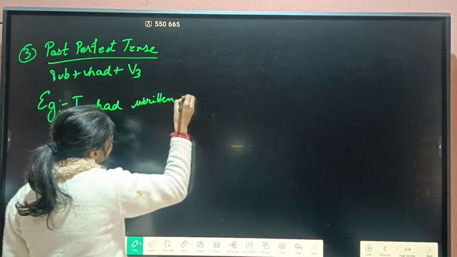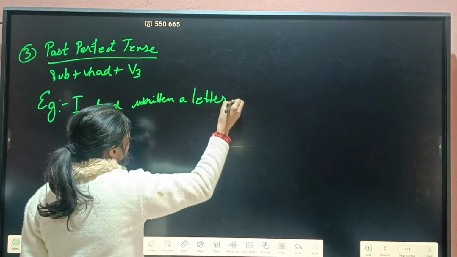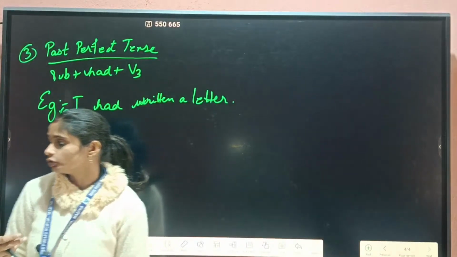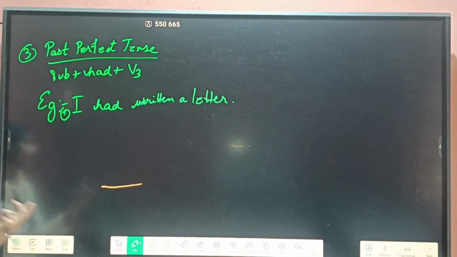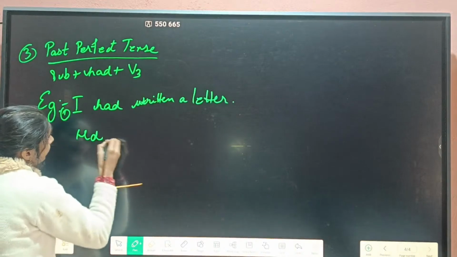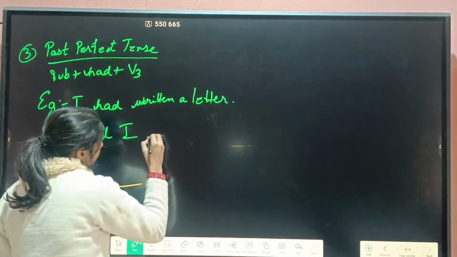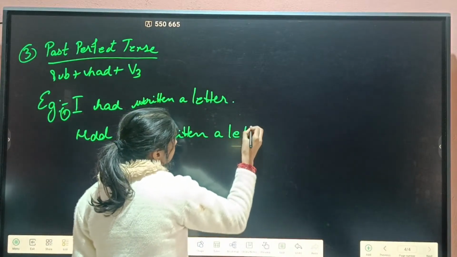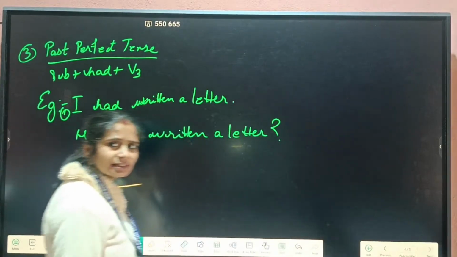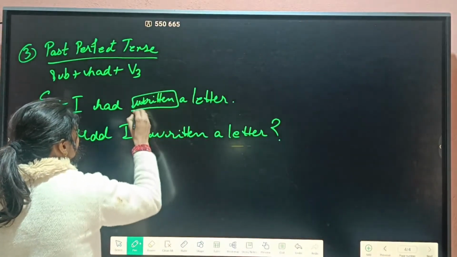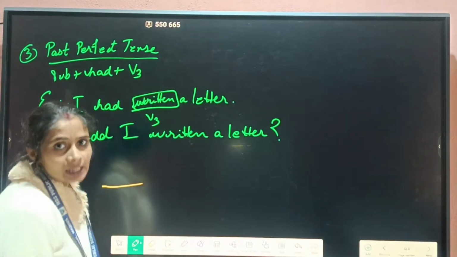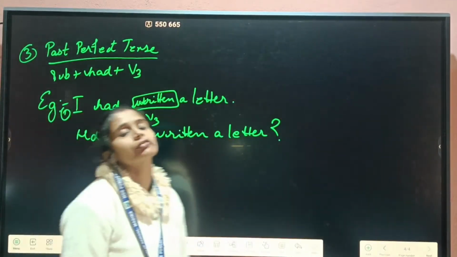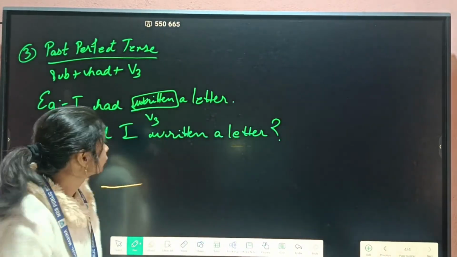Another example, if we have to ask a question, we can write: hadn't I written a letter? Or, had I written a letter? This is an interrogative sentence. Here written is our verb third form, that is past participle. So with had, we have to make sure that we only and only use verb third form.